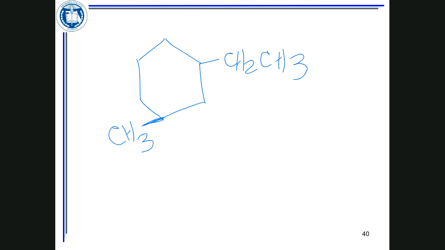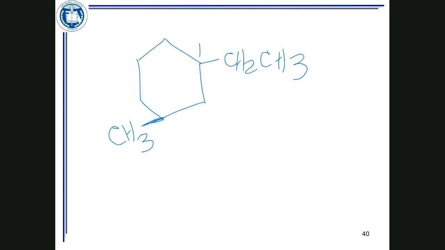What would be the name for the compound? Which one should take 1? The ethyl would take 1. Perfect, Annabelle. So we have 1 here, and is it going counterclockwise or clockwise?